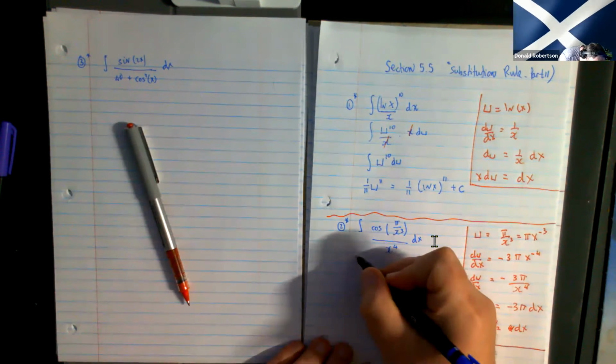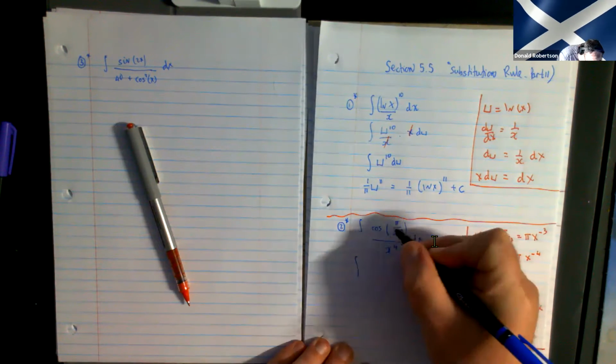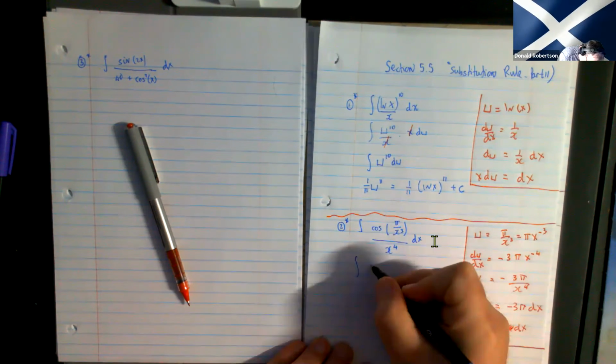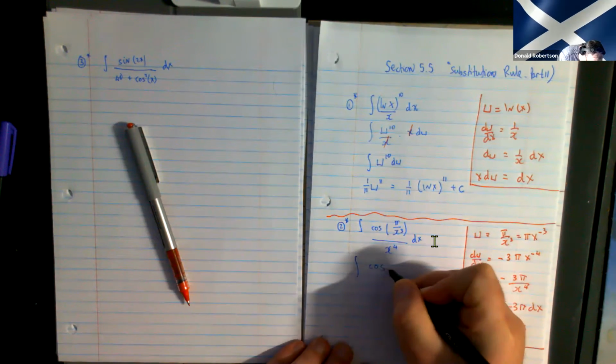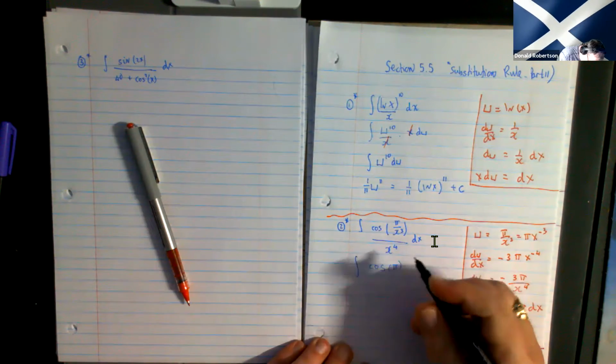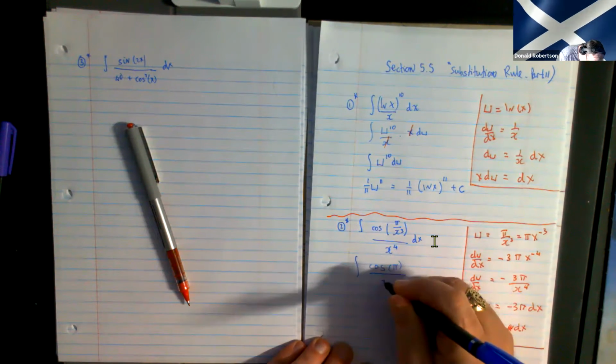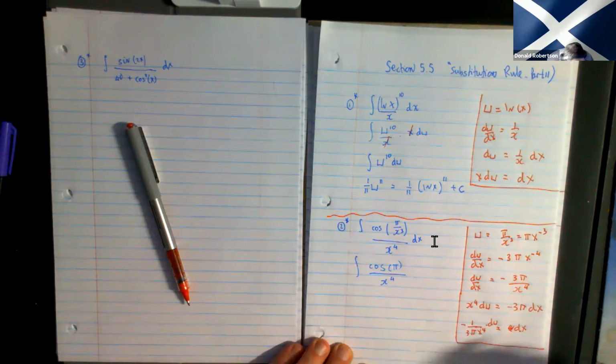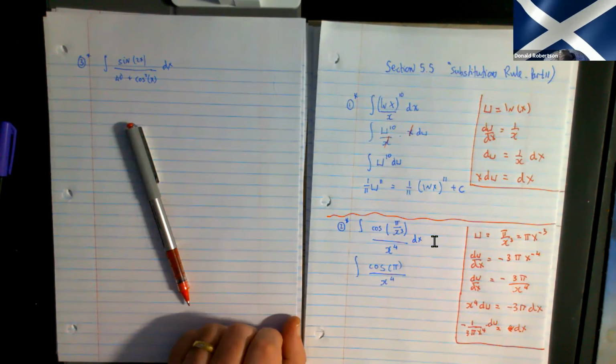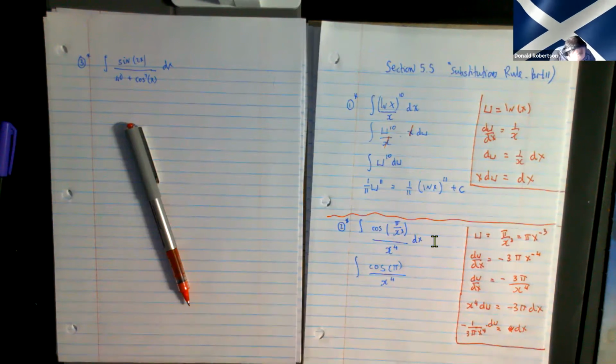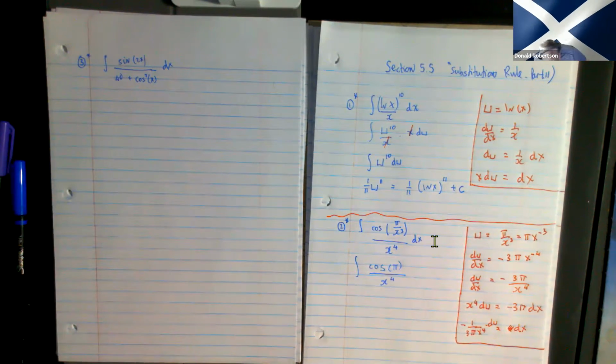Right, come over here. The cosine of pi over x cubed becomes the cosine of u. The x to the 4 is going to stay put for a minute. And nobody has noticed my mistake.